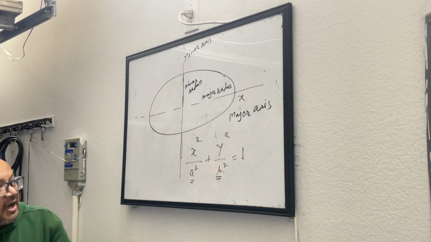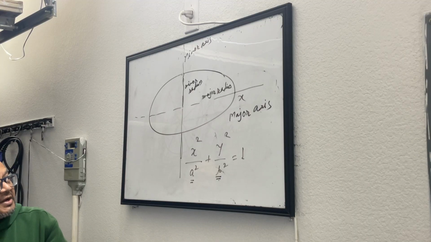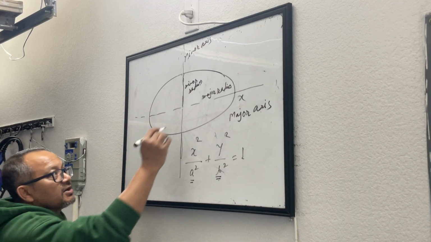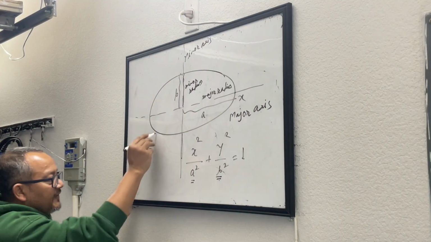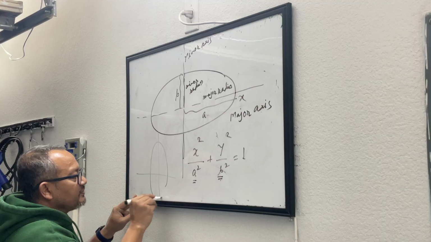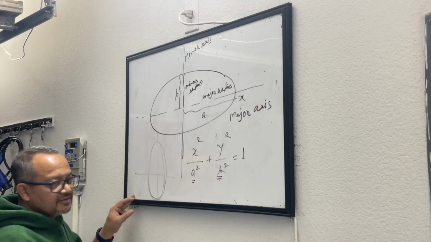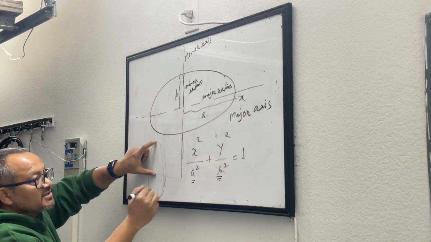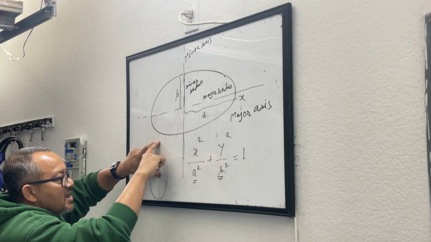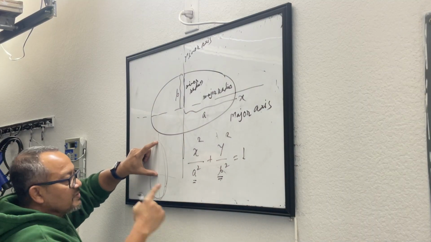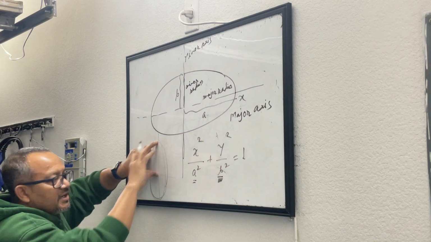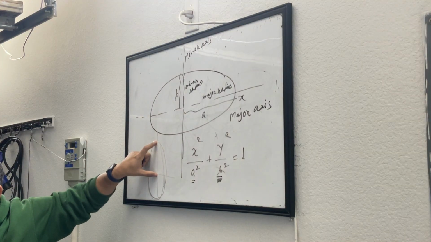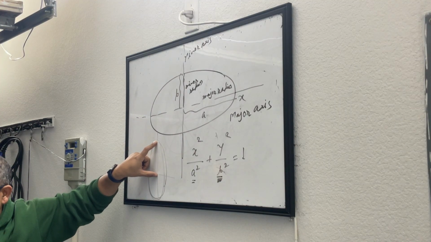So here to here, this distance is a, and this distance is b in this particular case. If I flip this ellipse this way, where it is thinner and taller, meaning my major axis is this one, whether you call it A or B doesn't matter, whatever is the denominator of the y-axis in this case, that is your major radius. Does that make sense to everybody? Everybody okay so far? Okay.